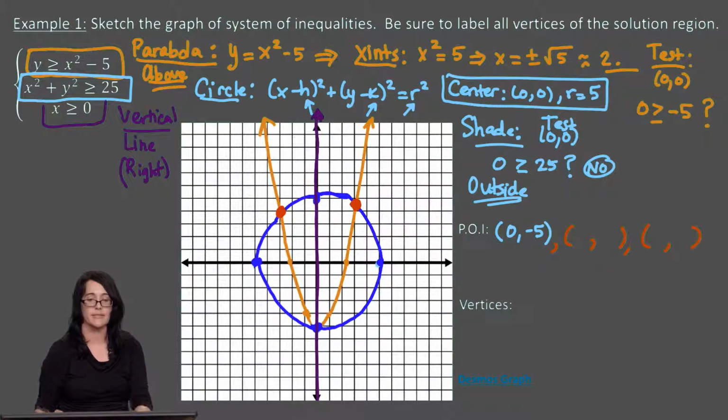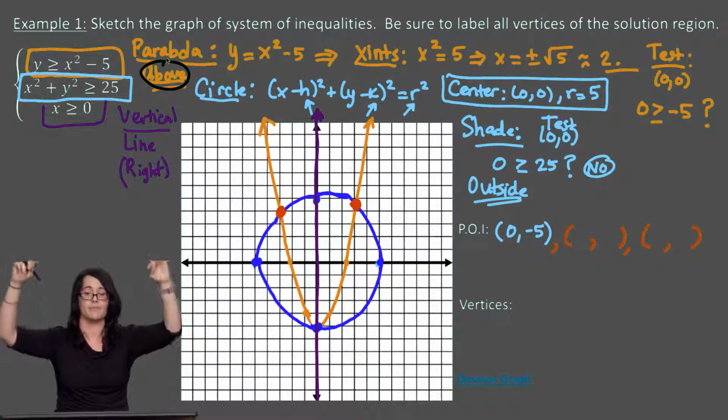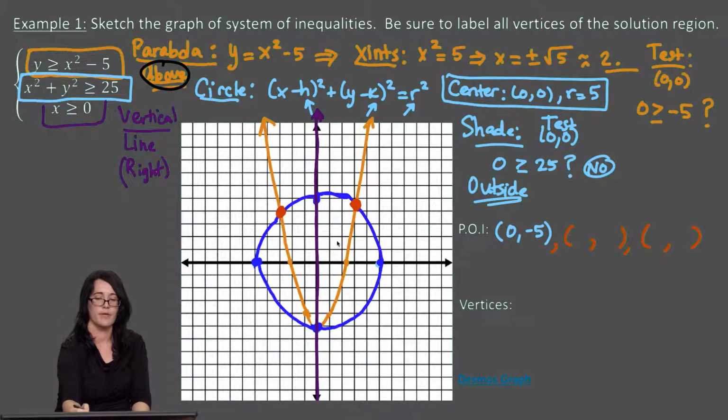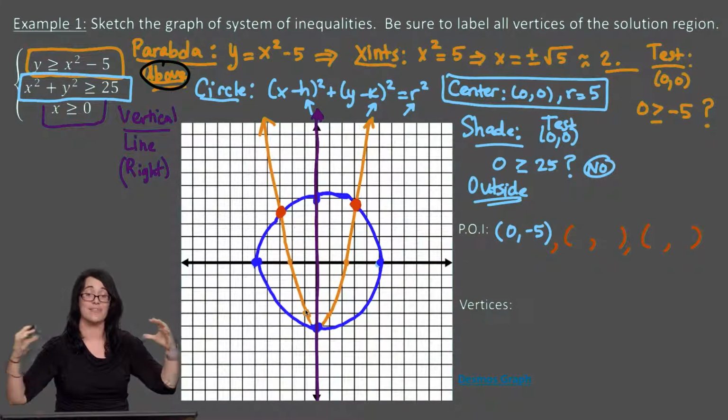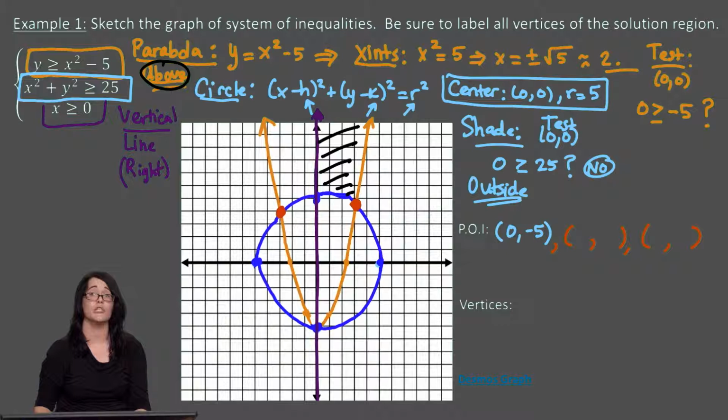For the parabola, we said we were shading above it. So above the parabola, so that was area in here. At the same time, outside the circle, so that would now be up here. And at the same time, to the right of the vertical line on the y-axis. So wouldn't that mean we're in this space? So that would be our shaded region, wouldn't it?